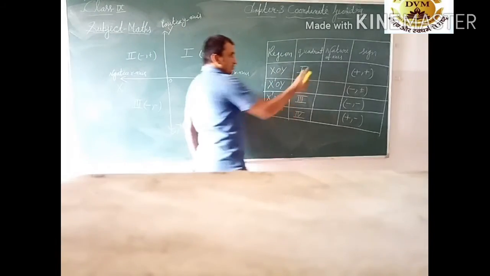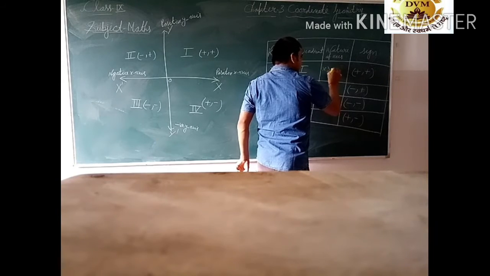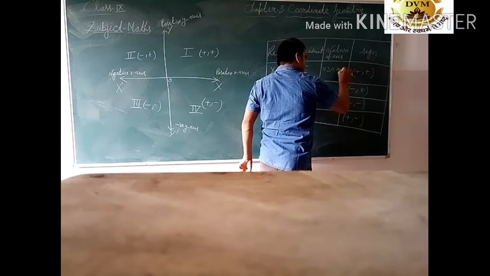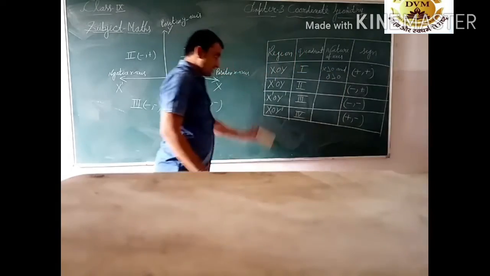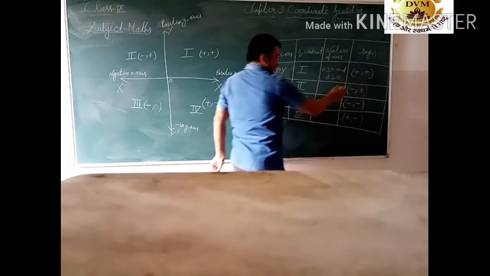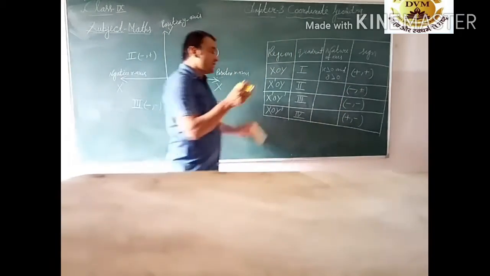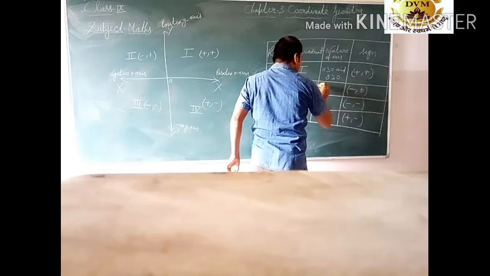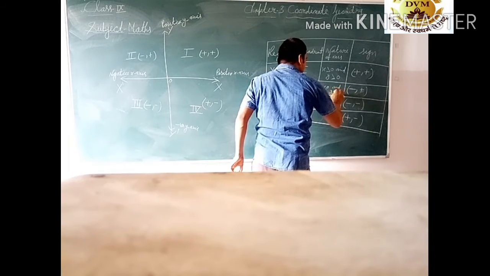In this both should be positive, so x is greater than 0 and y is also greater than 0. In second, x-axis is negative, so x is less than 0 and y is greater than 0.